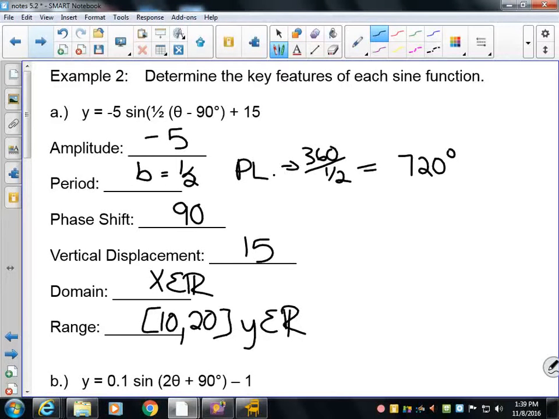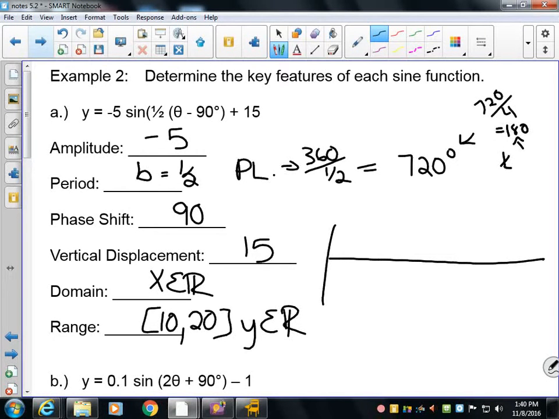If we were going to draw this, and I'm going to draw this on the side here, our period length is 720. So I have to find the quarters. If I go 720 divided by 4, that's 180. Do you guys agree? So each quarter of a period length is 180. And when we look at that, that would be 720, 360, 180, 540.